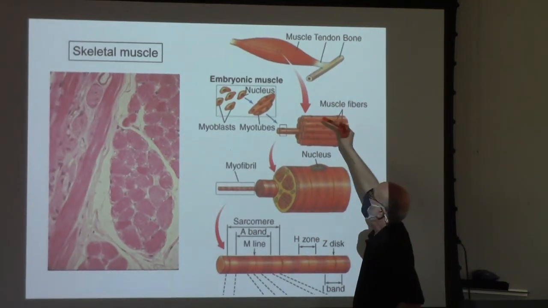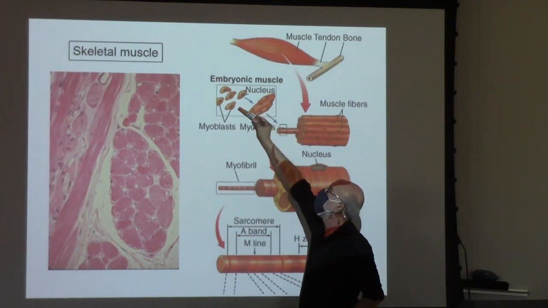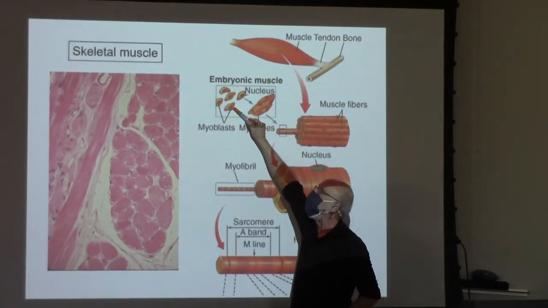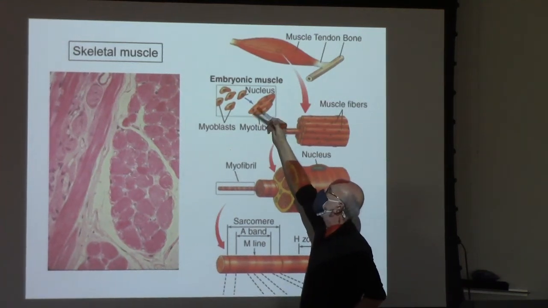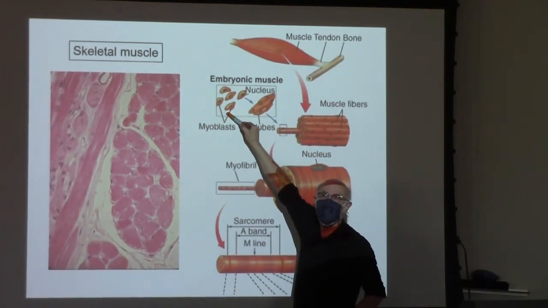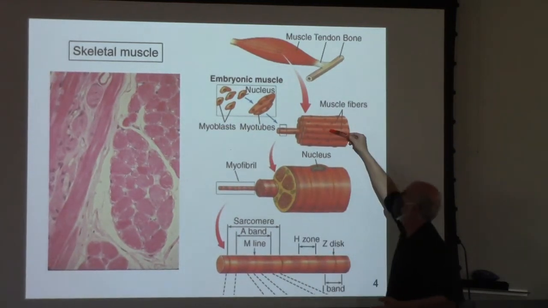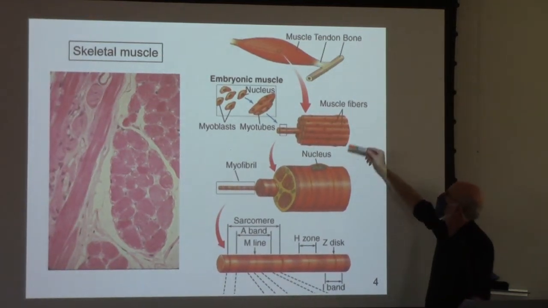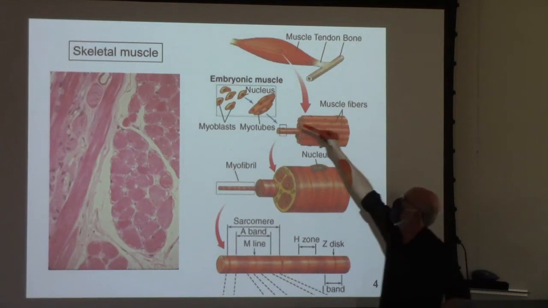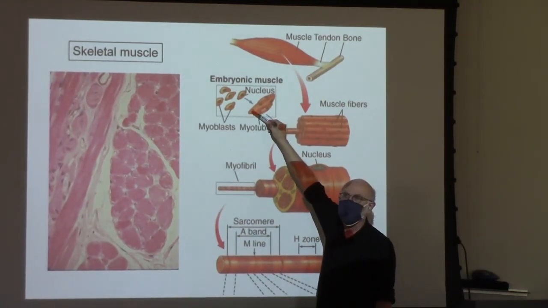Big, long cells that are formed by the fusion of individual cells during embryogenesis. So there are stem cells called myoblasts that fuse during development to make these big, long muscle cells, muscle fibers. Muscle fibers have many nuclei because they are formed from many individual cells, each of which has a nucleus.